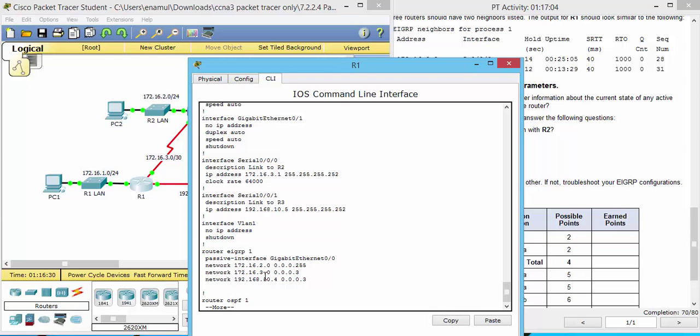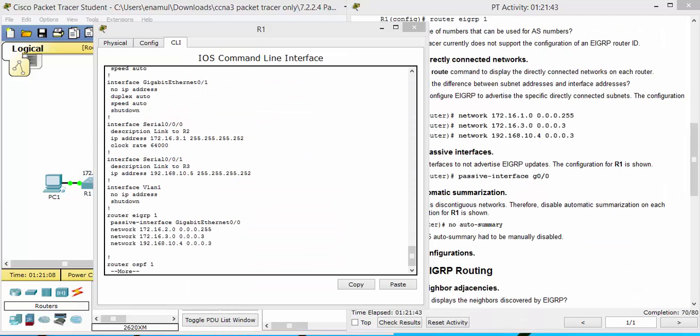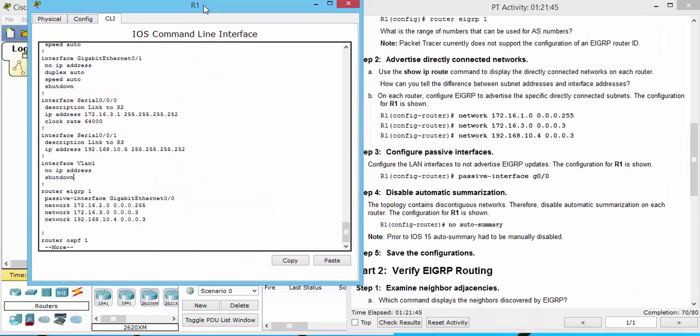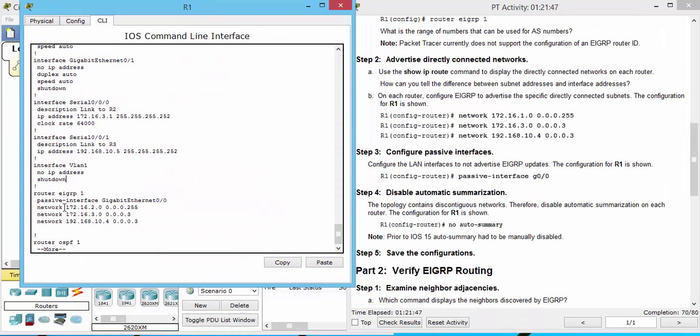The networks are 172.16.2.0, 172.16.3.0, and 10. So this one looks all right.